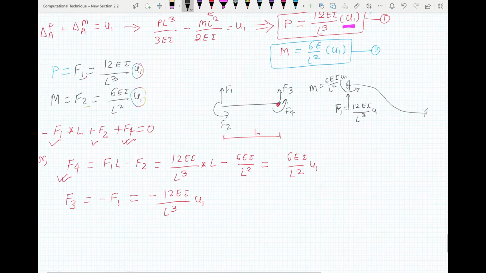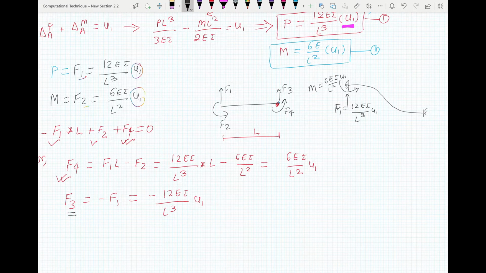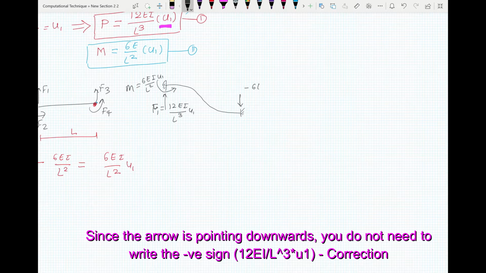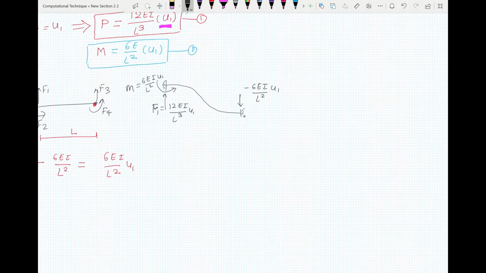Here F3 is in negative direction to F1, so this will be equal to minus 12EI by L cube U1, and you have your moment as 6EI by L square U1.